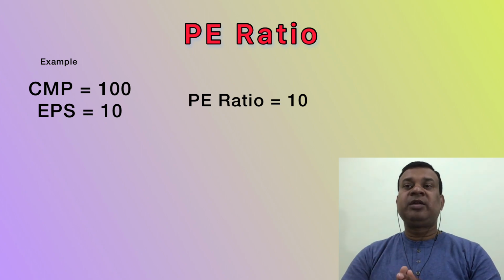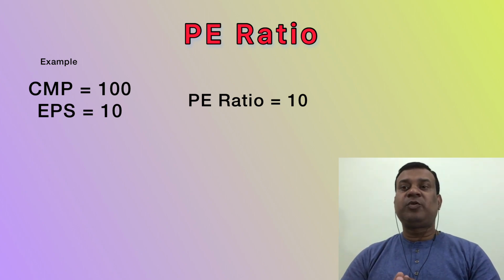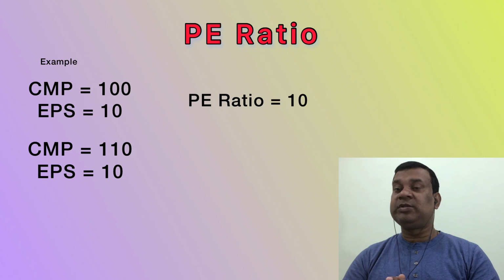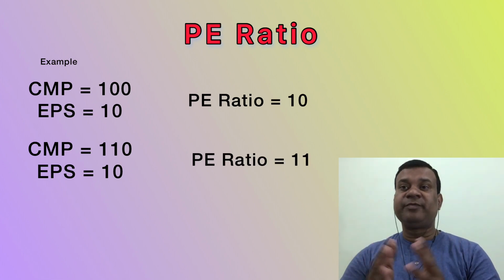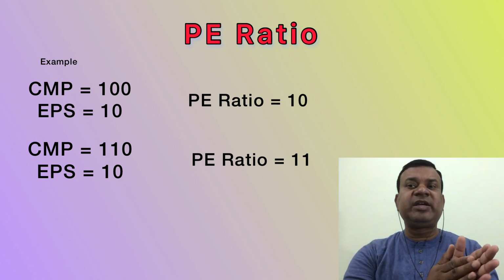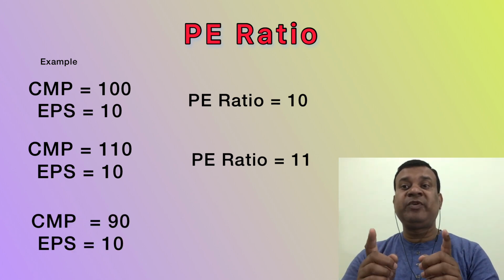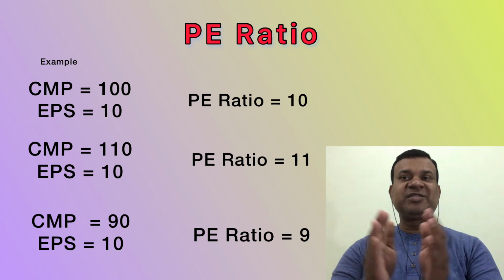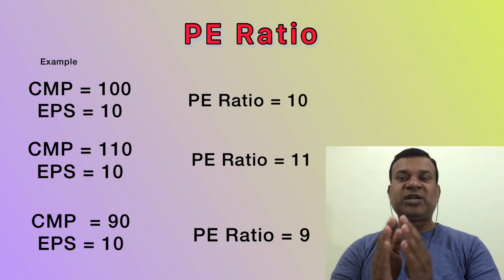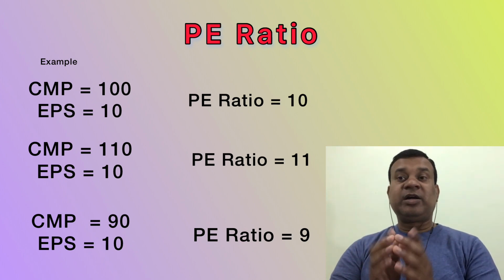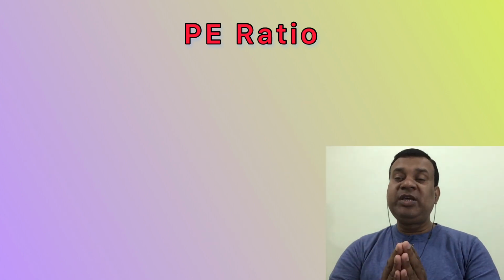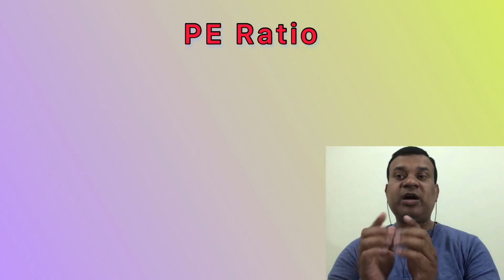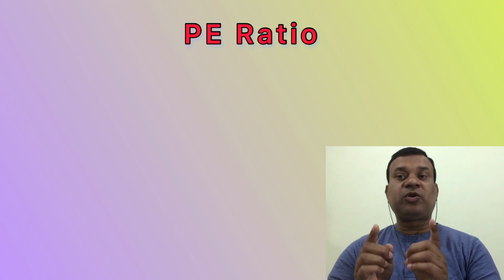Let's assume that the stock price increases from 100 rupees to 110 rupees. In this case, the PE will increase to 11, and if the stock price decreases to 90 rupees, the PE will go down to 9. It is clear that till the next quarter results are declared, the earning per share will remain same and the PE will depend only upon the movement of a stock price.